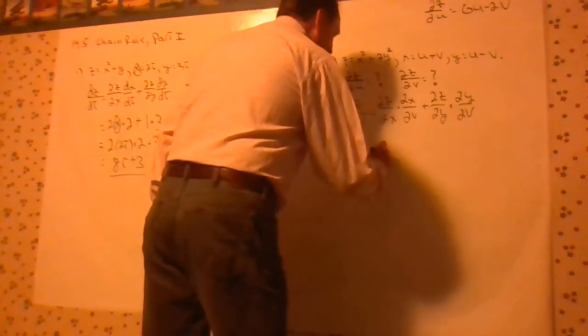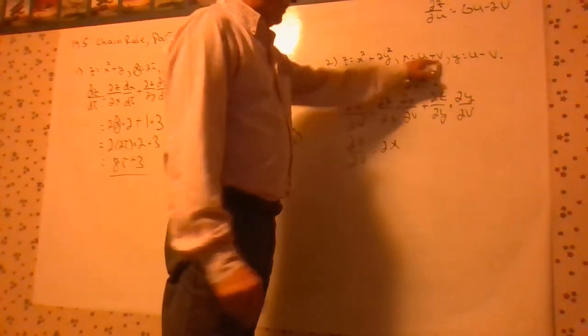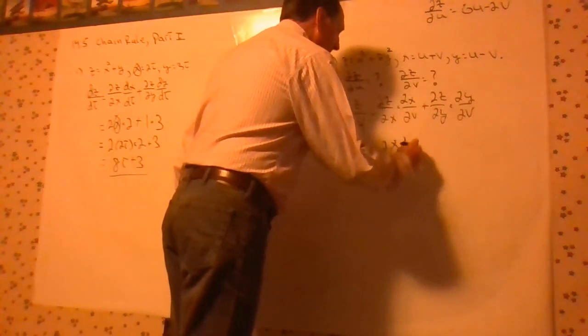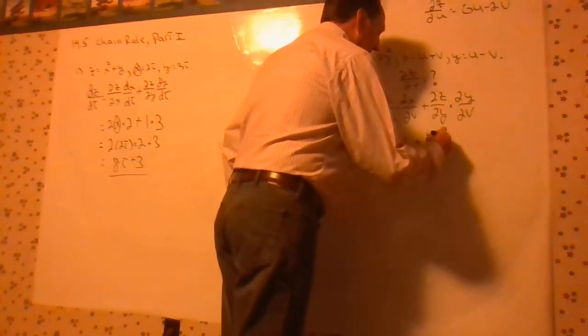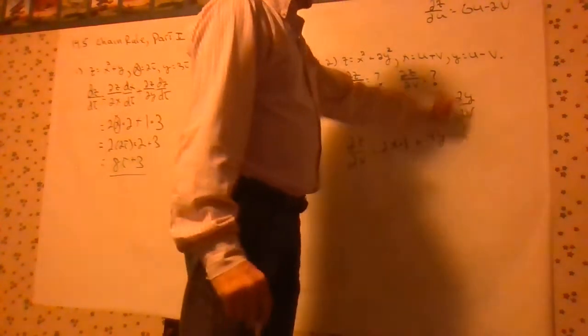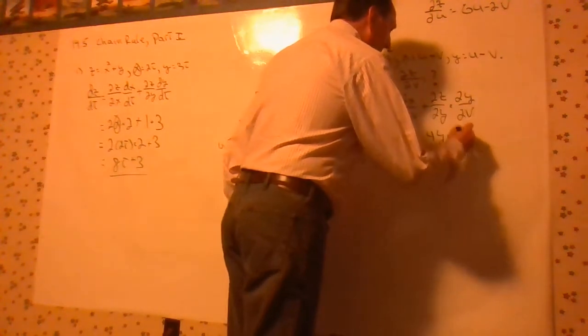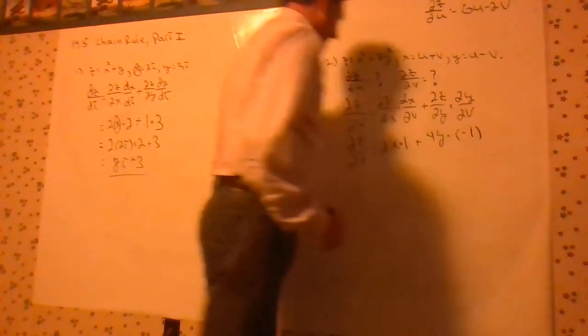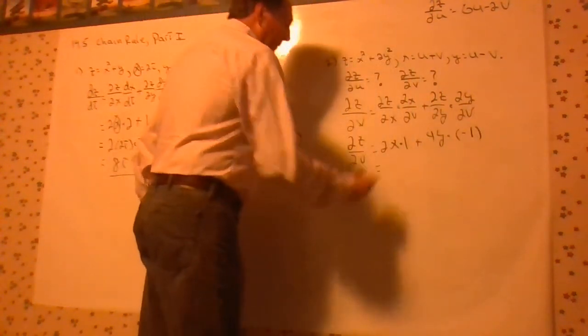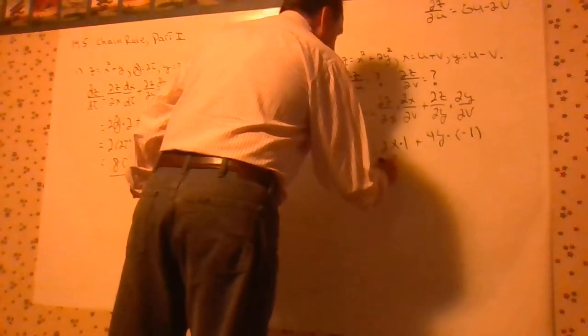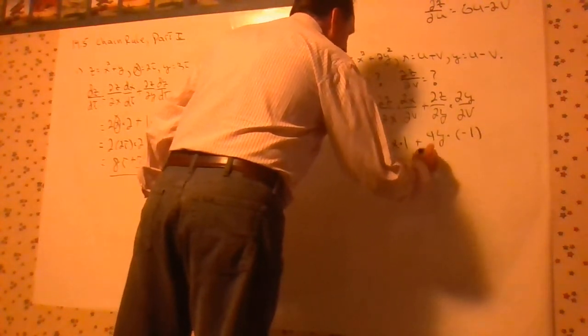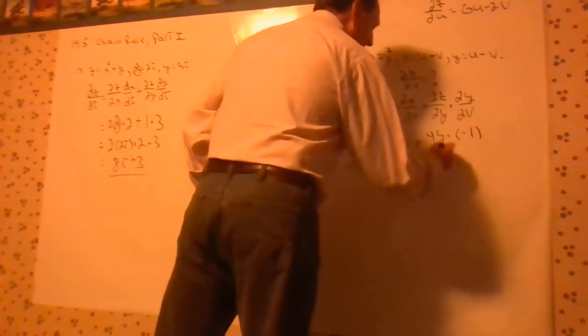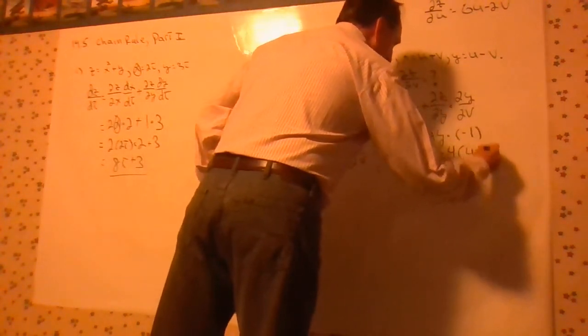with respect to v is a partial of z with respect to x, 2x. Partial of x with respect to v is 1. And partial of z with respect to y is 4y. And partial of y with respect to v is minus 1. And we get 2 times u plus v, minus 4 times u minus v.